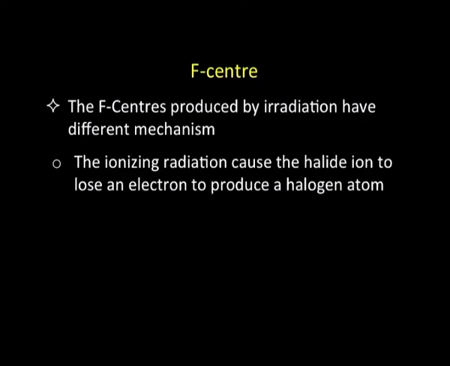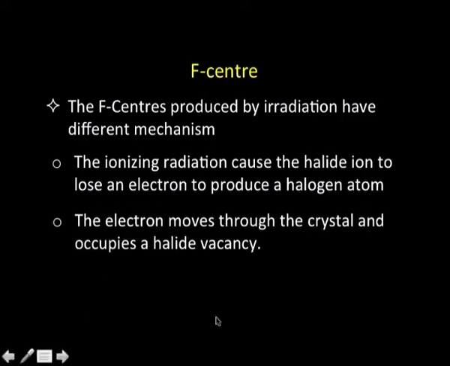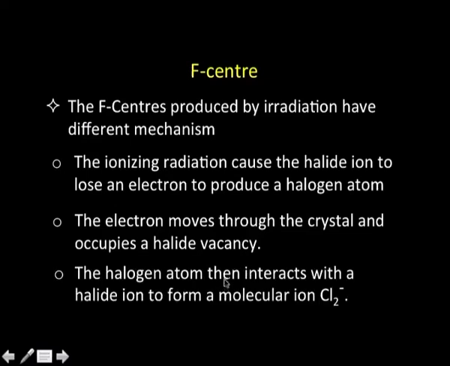The electron that has left moves through the crystal and occupies a halide vacancy, and the halogen atom then interacts with a halide ion to form a molecular ion called Cl2 minus. The electron in the halide vacancy is responsible for the color of the material. So, in this case the mechanism is different from the previous case.